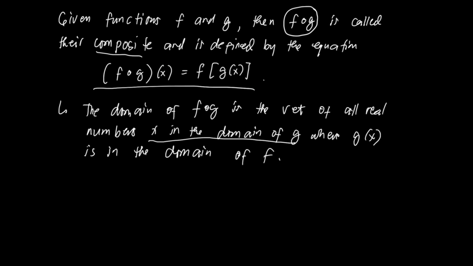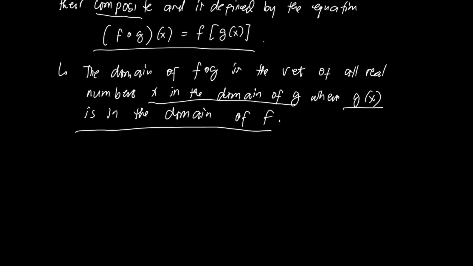Meaning, find first the domain of g, and then make sure that g of x is within the domain of f. So basically, it's just getting the intersection of their domains, almost the same as with addition, subtraction, multiplication, and division.